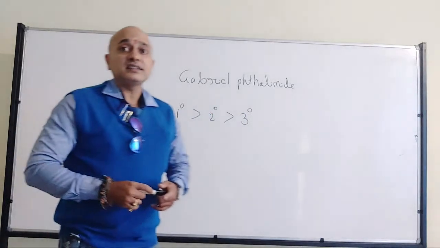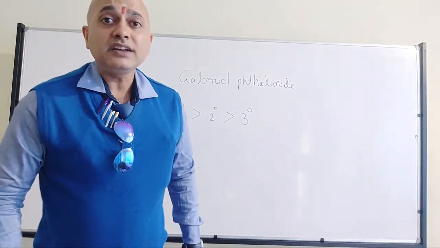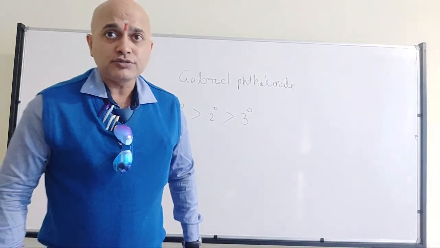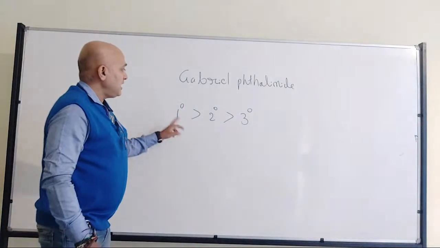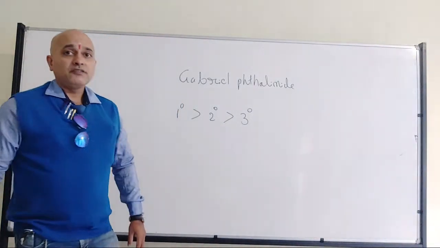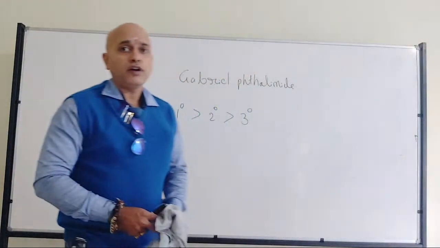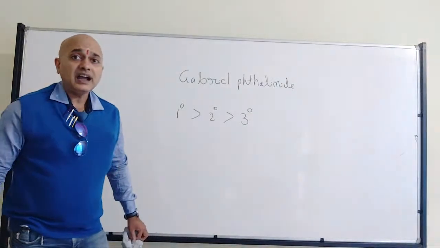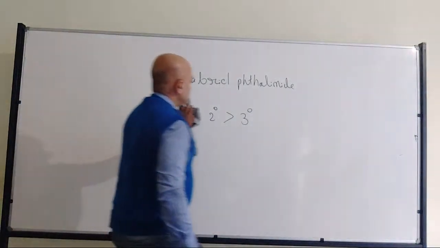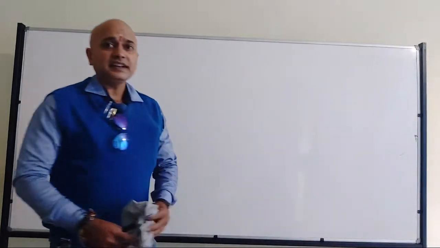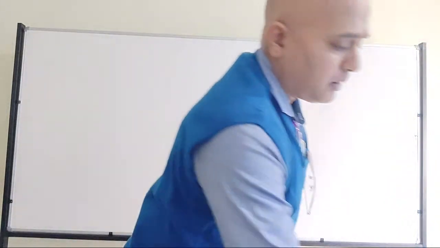So what is the reason? The reason is the intermolecular hydrogen bond, where primary amines have more options to form intermolecular hydrogen bonds. So this is related to physical properties.